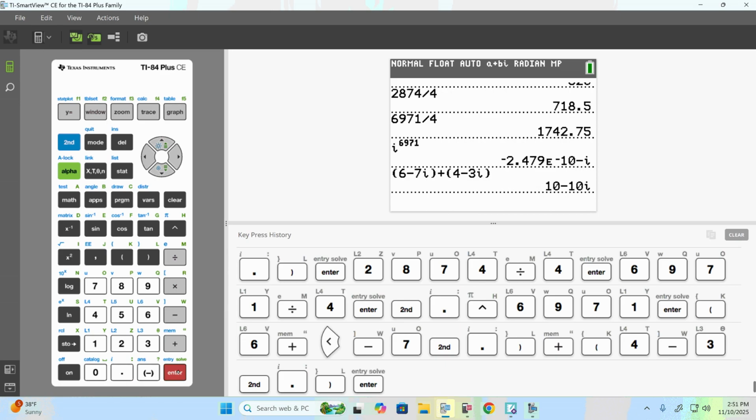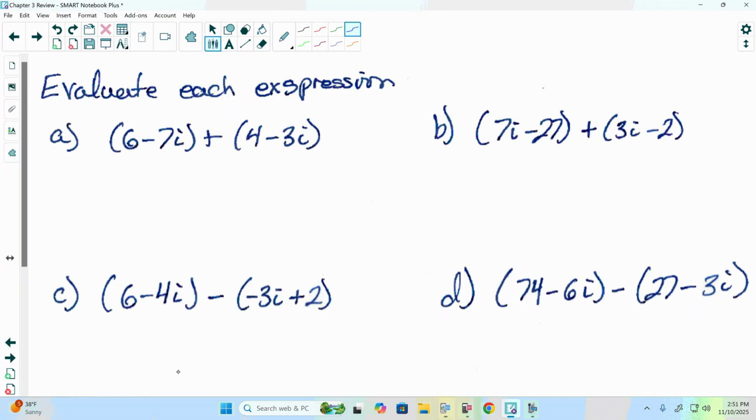So 6 minus 7i plus 4 minus 3i is 2 minus 10i. Yep. And that's it.